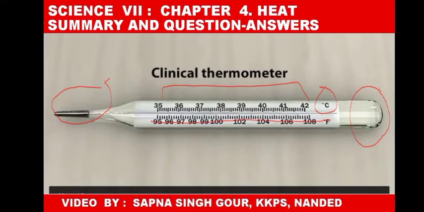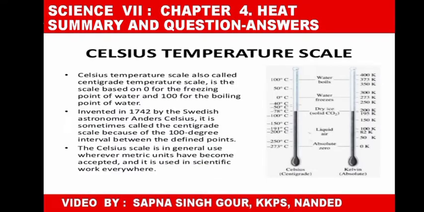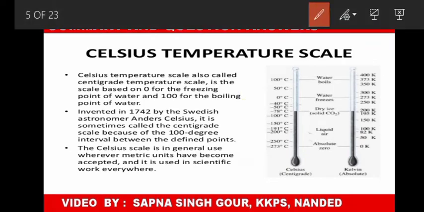Then Celsius scale. The Celsius scale to measure temperature was designed by Anders Celsius. On this scale, temperature is described in degrees Celsius. It is a metric scale of temperature.